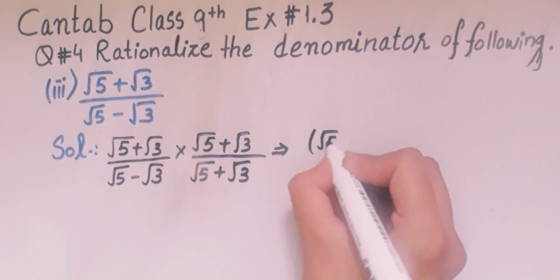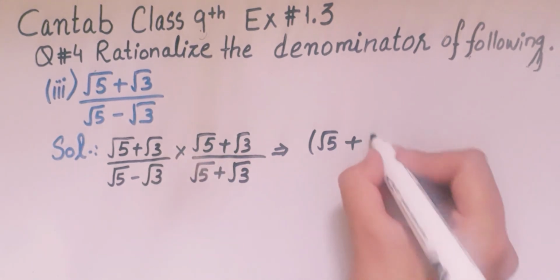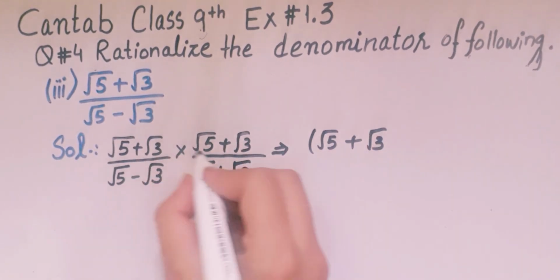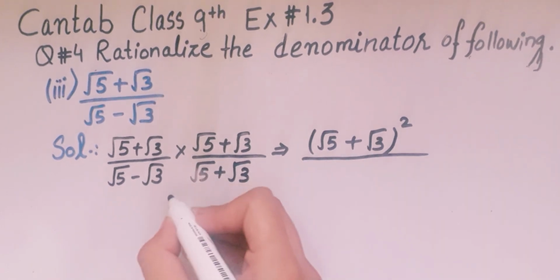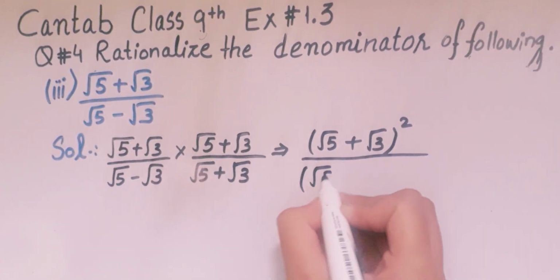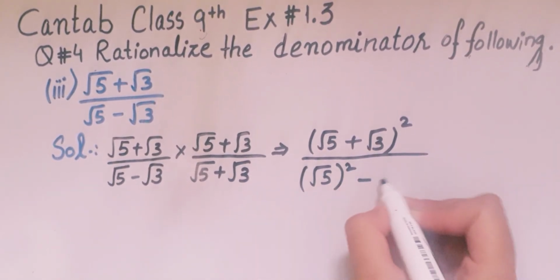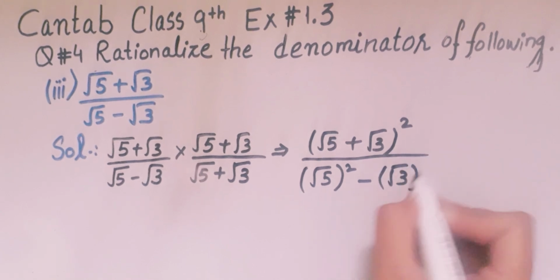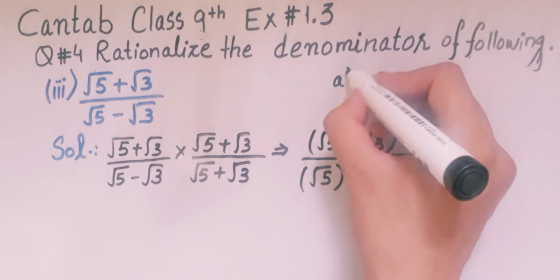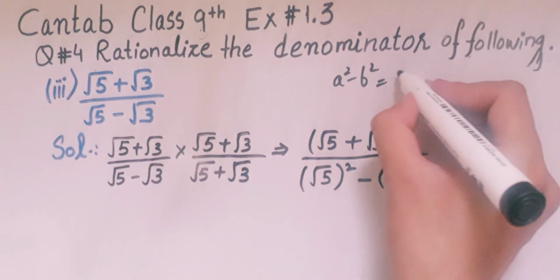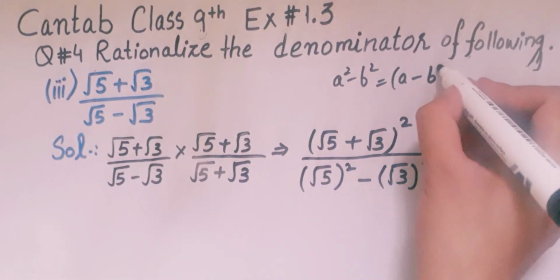square root of 5 plus square root of 3 two times. So it will become square, and here square root of 5 square minus square root of 3 square. Here we again apply the formula of a square minus b square, which is equal to a minus b into a plus b.